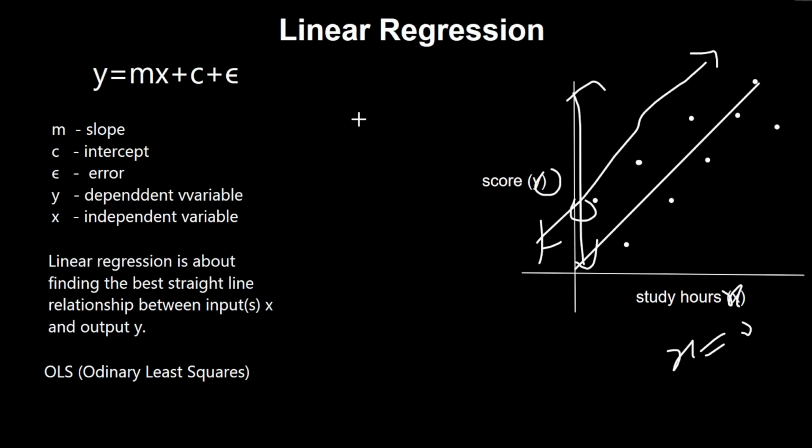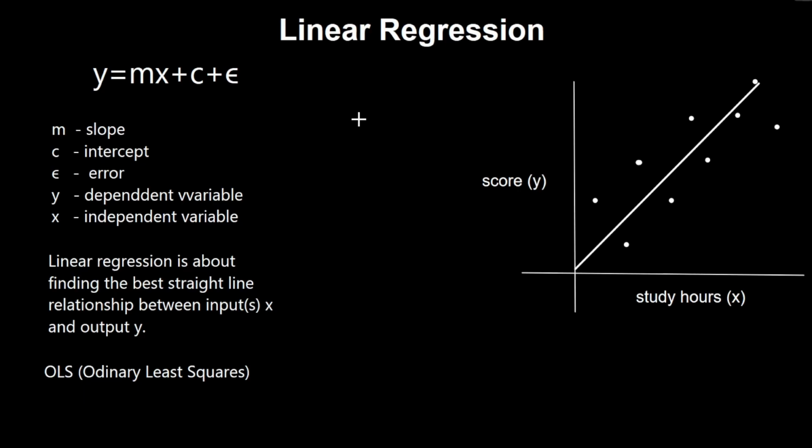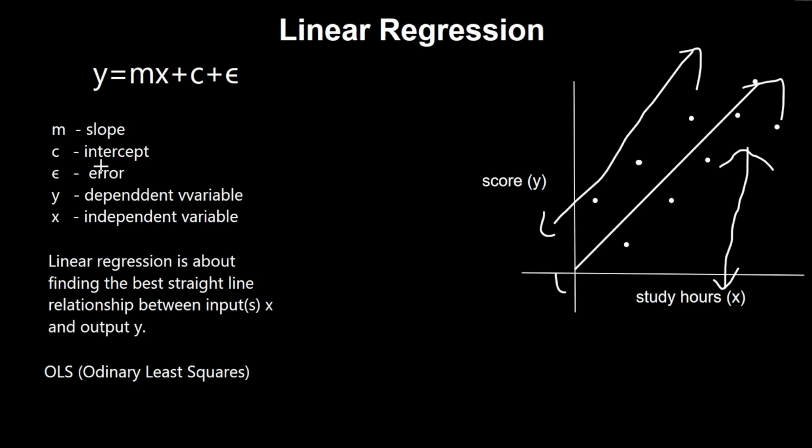Using this intercept and slope, we can shift this line anywhere we want. What do I mean by this? If we want the same line, let's say like this, we can just shift it. We can adjust its slope and intercept such that it can be shifted from here to here. Or let's say we want it more steeper.